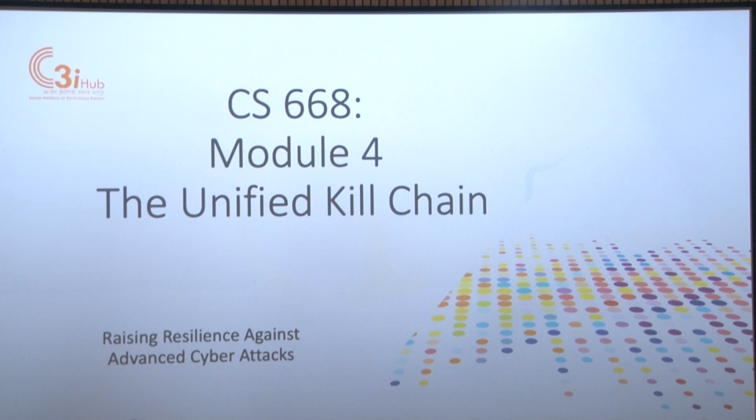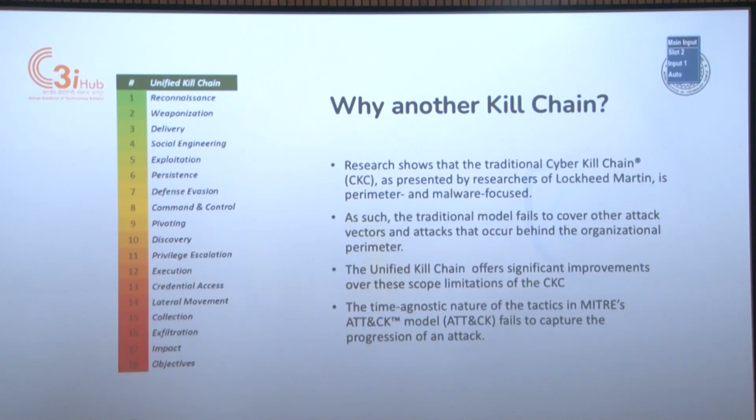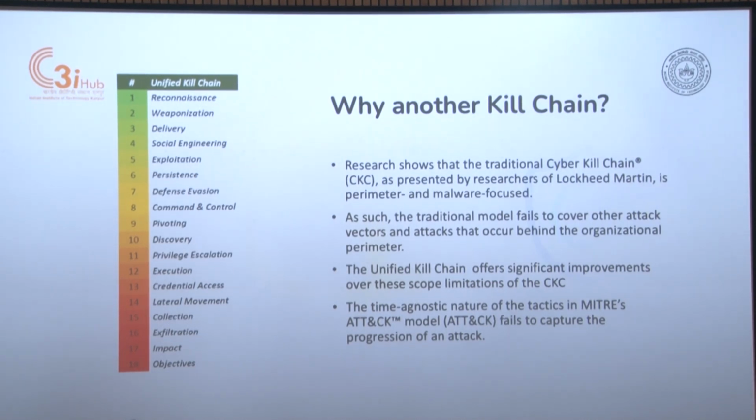So, the unified kill chain, similar to the Lockheed Martin cyber kill chain and the MITRE ATT&CK, has several stages. We had 14 tactics in MITRE ATT&CK, 7 in the LM CKC. For UKC we have 18, okay.